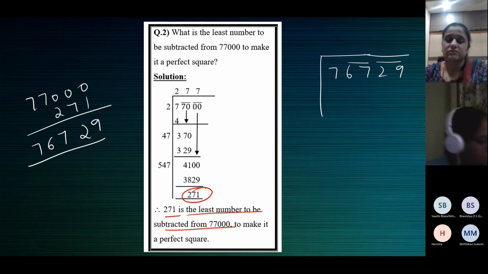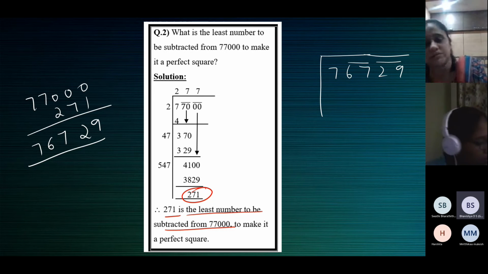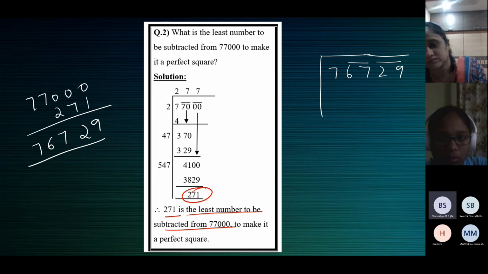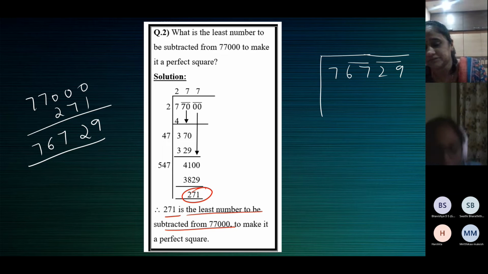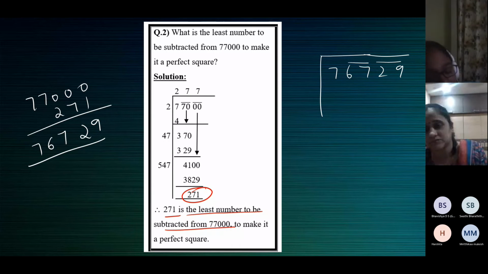So you can check. This number will be a perfect square. Ma'am, I got the square root as 277, ma'am. Yeah, you're right. With zero remainder, right?